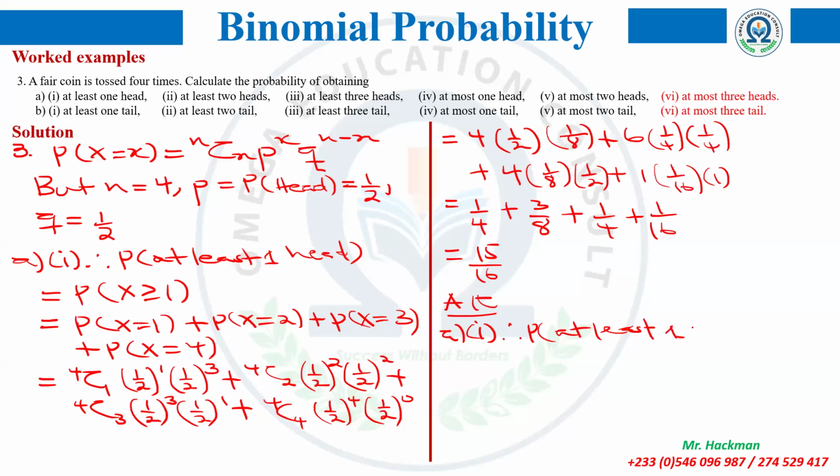One head. I need your maximum attention. This will be equal to, and you write, P, X is greater than or equal to 1. That must be written. But now every inequality will have two directions.